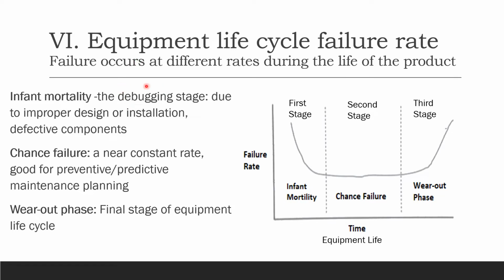So failure happens at different rates during the life of the product. Because of this word product, don't think of the end product either, because even the system and the components of the system are manufactured parts, coming out of a manufacturing production system.